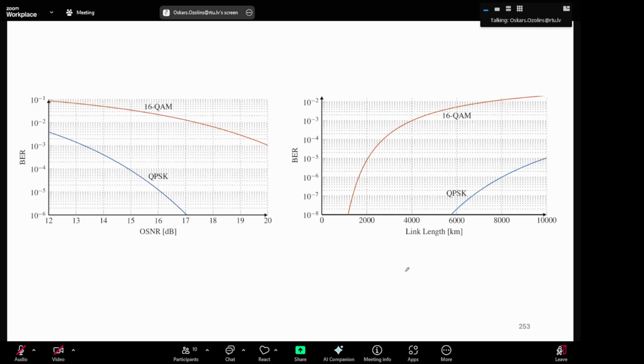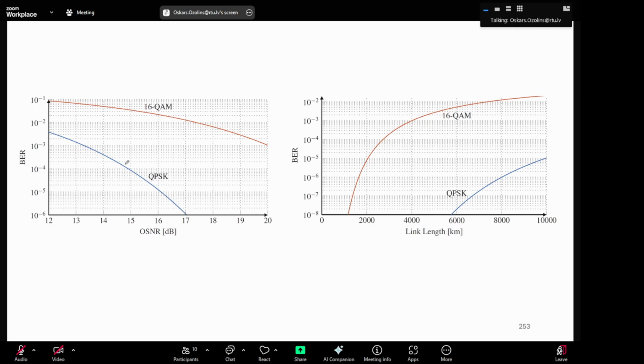Right. And we can also look at whether we have 16 QAM or QPSK. So these OSNR curves show the bit rate depending on OSNR, with some theoretical values for QPSK.